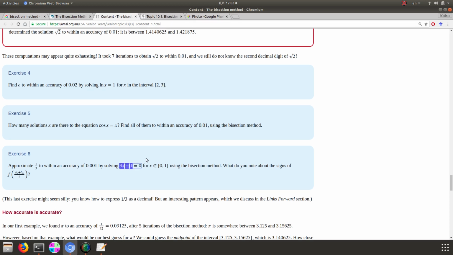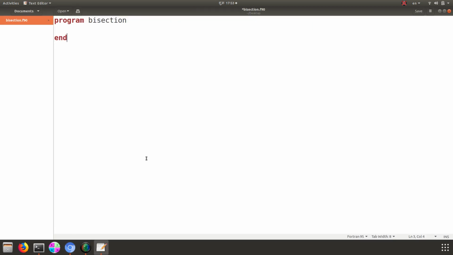Okay, I will copy this to the terminal. Yes, to define a function I have to insert real function, and the name of the function is f of x, end. This is the format of the function, and our f is equal to 3x minus 1.